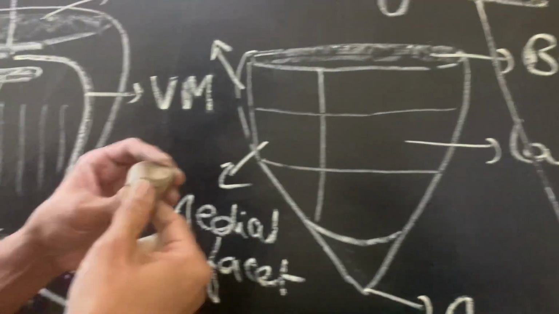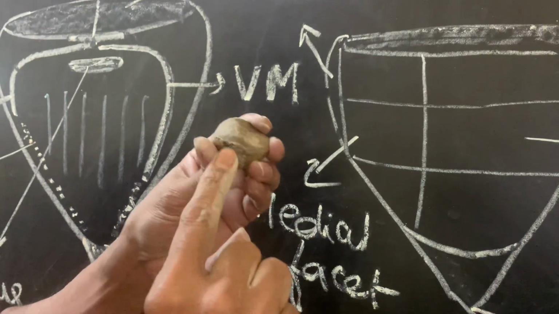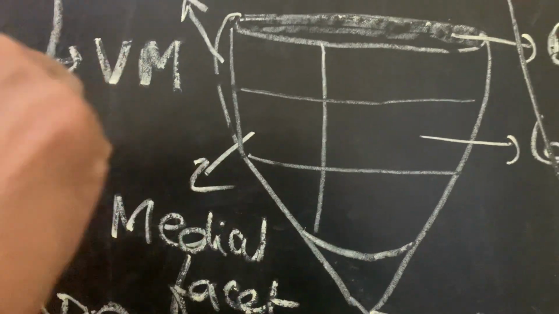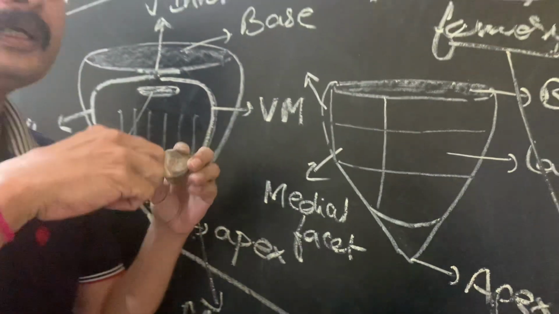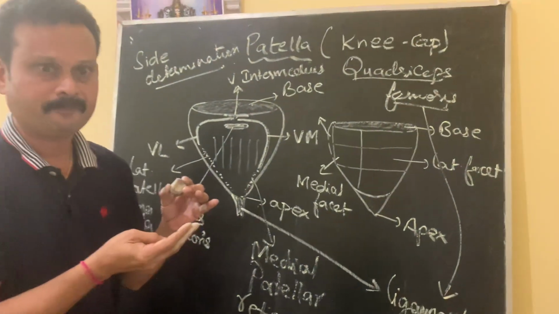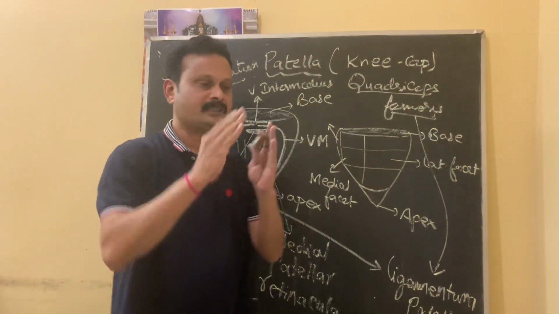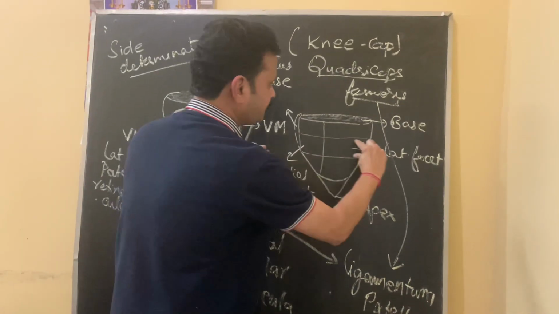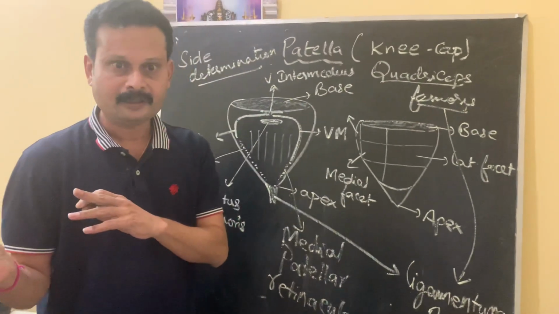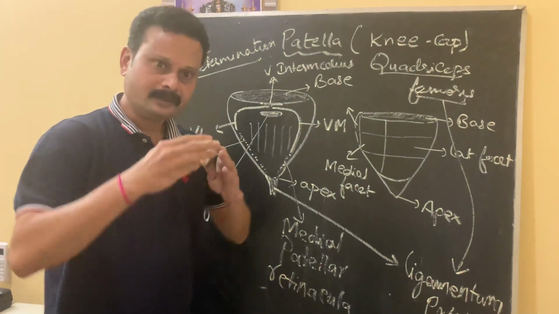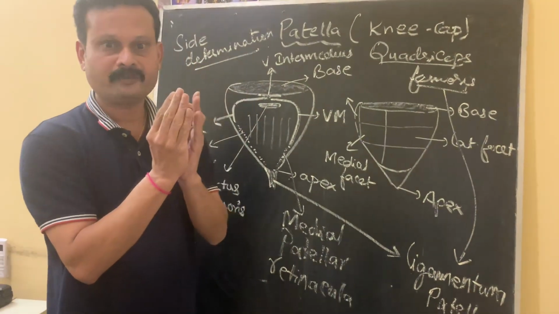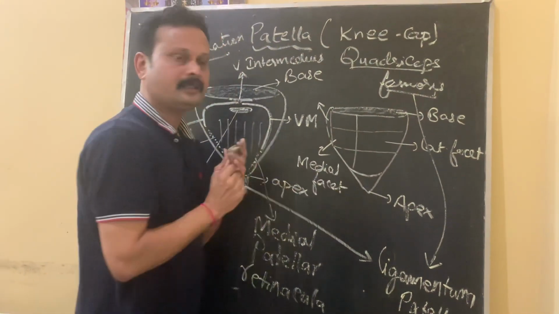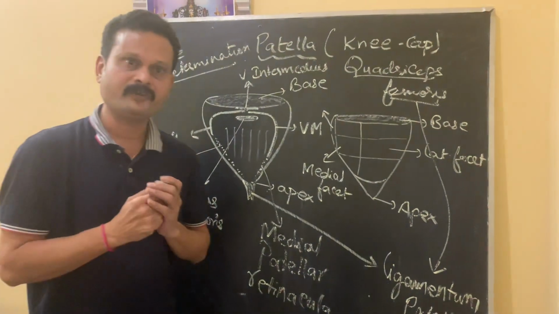This lower portion comes in contact with the femur during normal extension of the knee, and in semiflexion of the knee, this middle portion comes in contact with the femur, and in complete flexion of the knee, it is this upper portion which comes in contact with the femur.